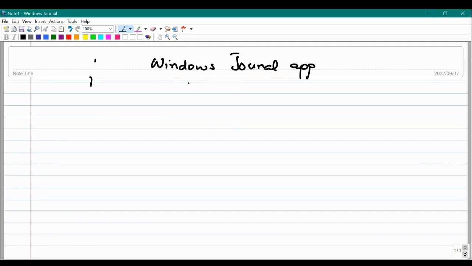The reason why that file is not opening is because it needs the Windows Journal app. It's free. You can just connect, go to Windows, download the app, and I think it will open. So please note that. Sorry, even I was surprised when my class rep told me that it's not opening. Later on, I was told that it needs the Windows Journal for you to open the file.